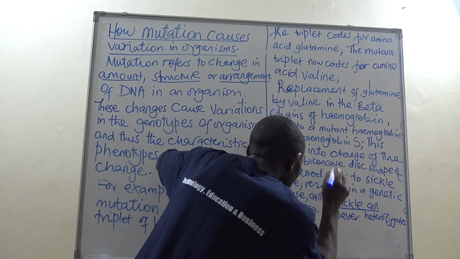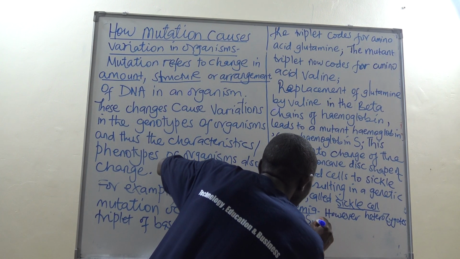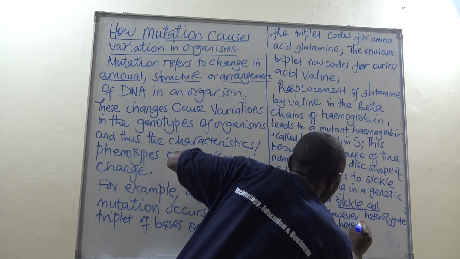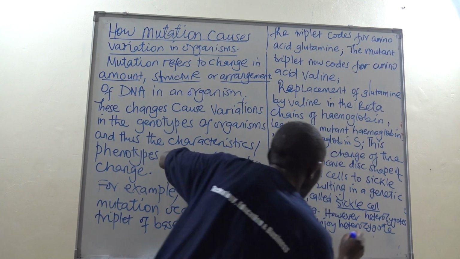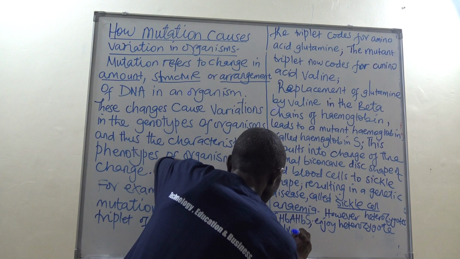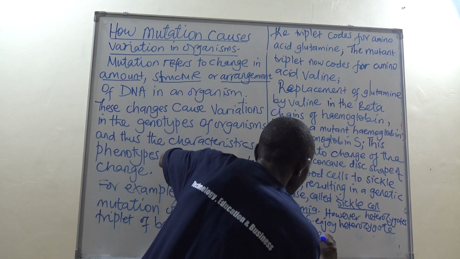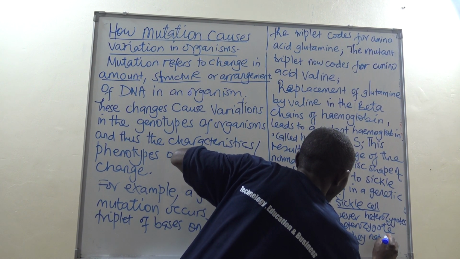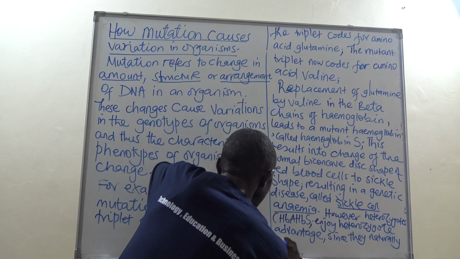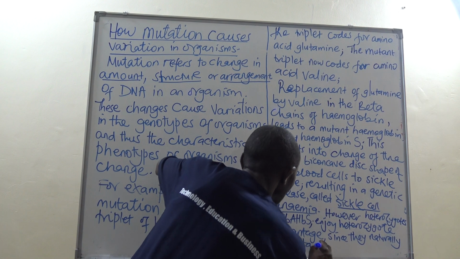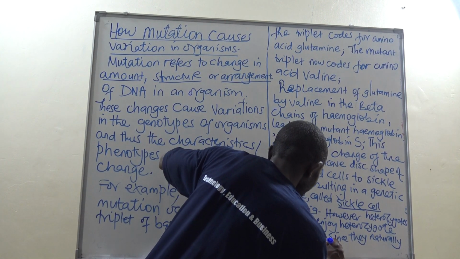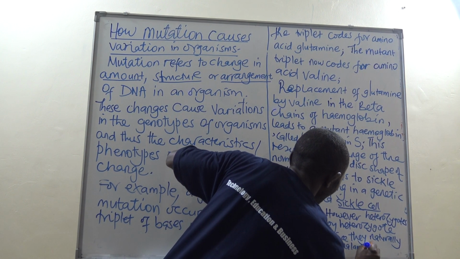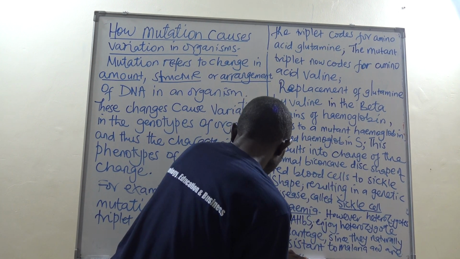These ones enjoy heterozygote advantage since they are naturally resistant to malaria, and are called the traits.